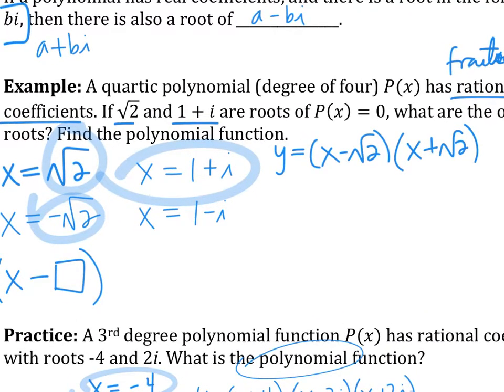All right, let's see. If the root is 1 plus i, CJ and Sam, what do you guys think?